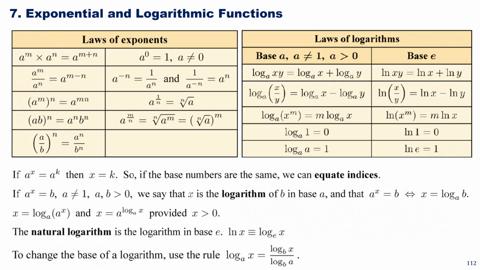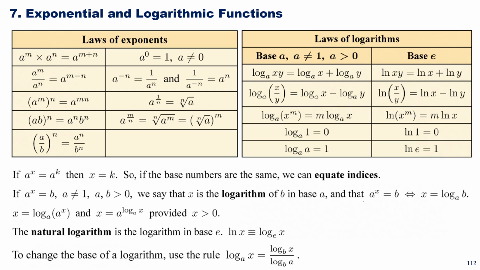Alright, and next, if you have a to the power of x equals a to the power of k, that means x equals k. And also note that we can rewrite the exponential expression as a logarithmic expression. They are actually interchangeable, right?